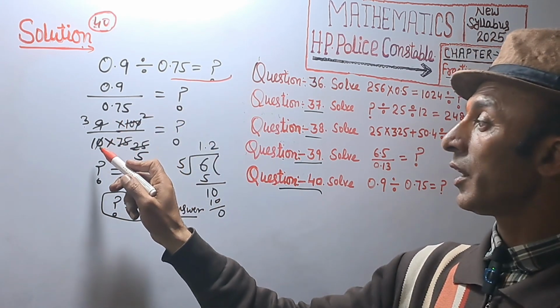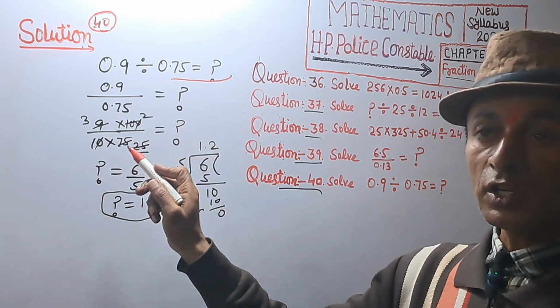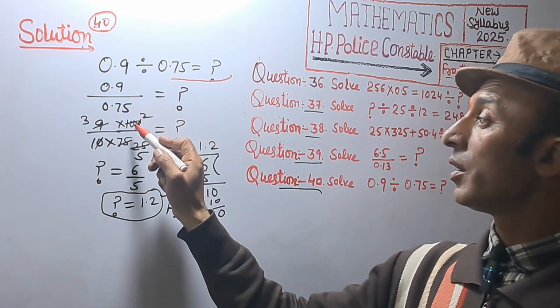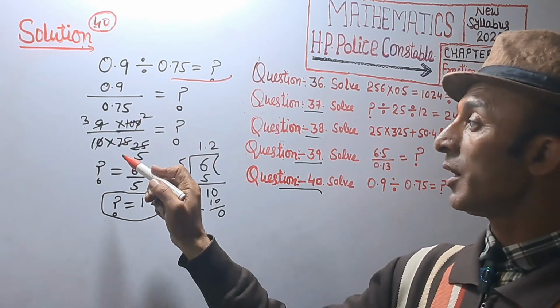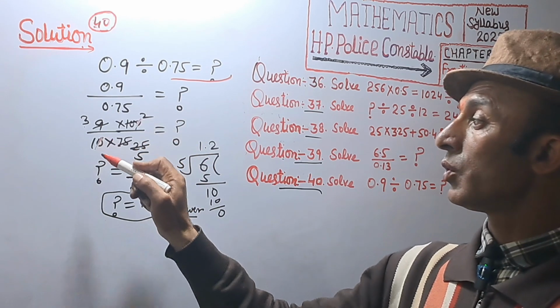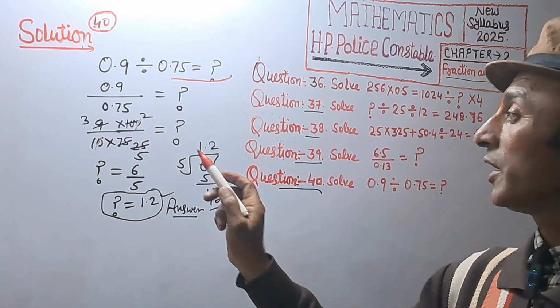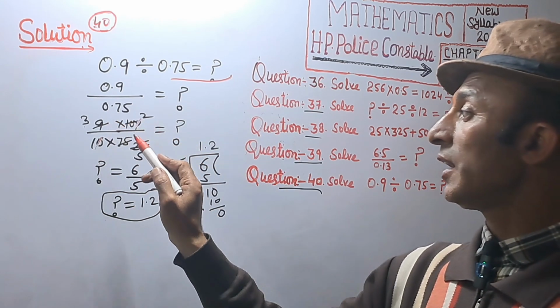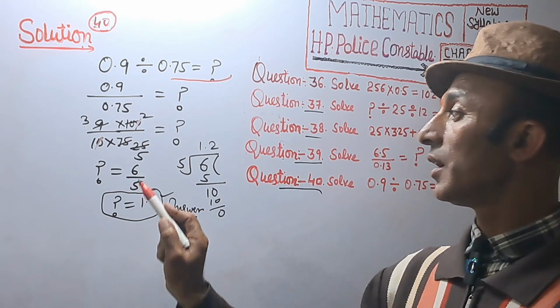So we get 9 upon 10 into 75 and 100 multiplied by numerator. 10 cancel. So we get 10 into 9 upon 75.